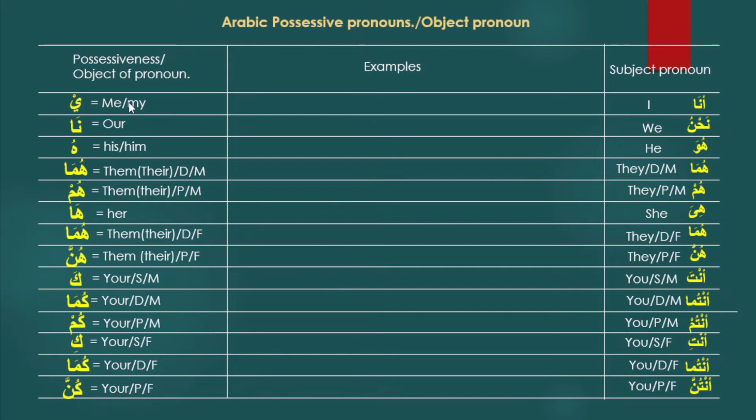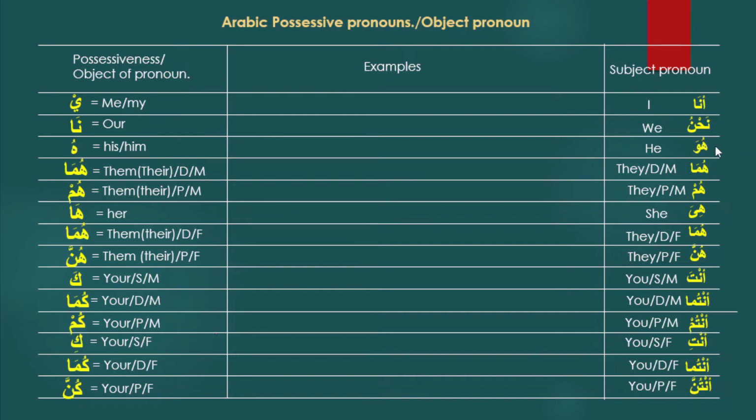Ya means me or my, derived from ana, which means I, and me or my is the object pronoun. And nahnu is we, the subject pronoun. The object will be na, meaning our. For these two object pronouns there is actually no formula. We have to memorize them.